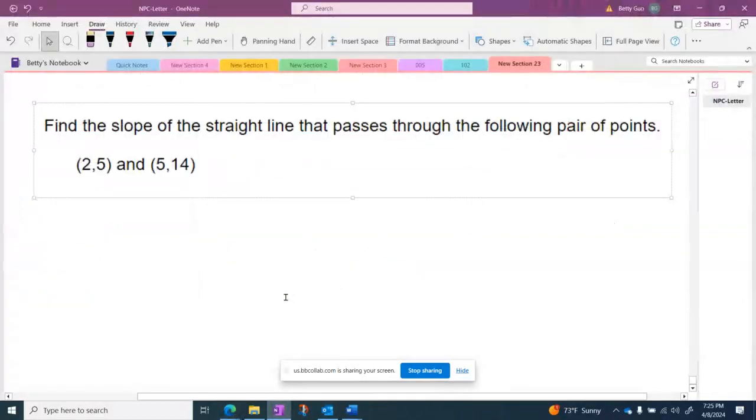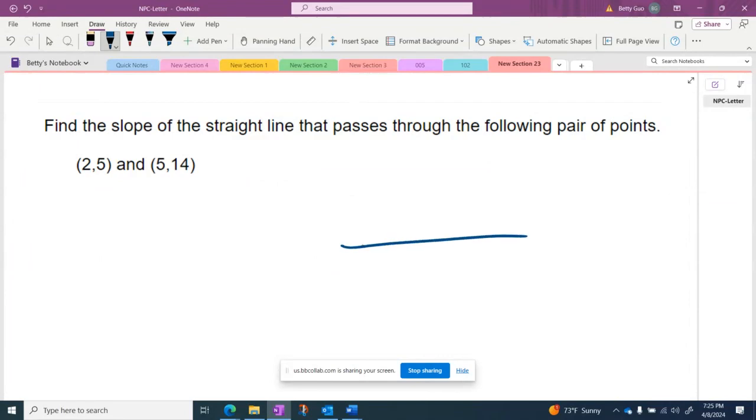Okay, so remember we have multiple different methods. We can graph. We can use the algebra method. Let's use the graphing method first. 1, 2, 3, 4, 5, 6, 7, 8, 9, 10, 11, 12. We don't need that much. Oh, you know what?